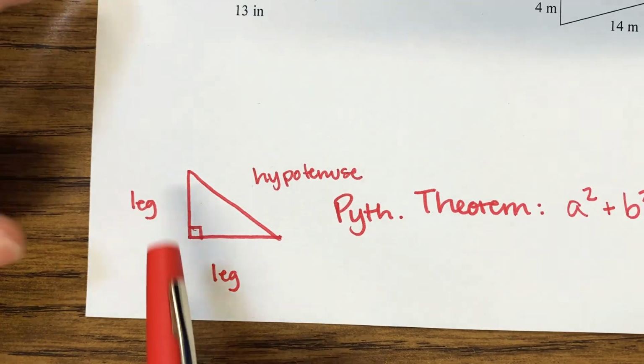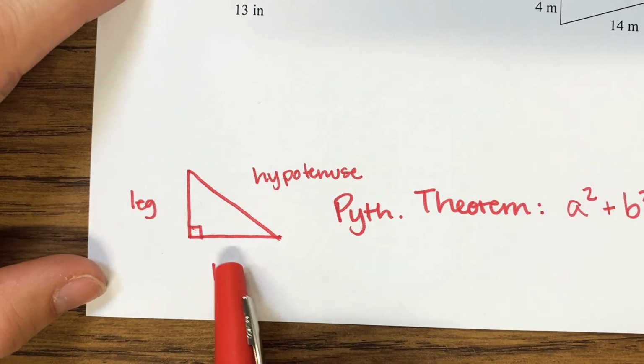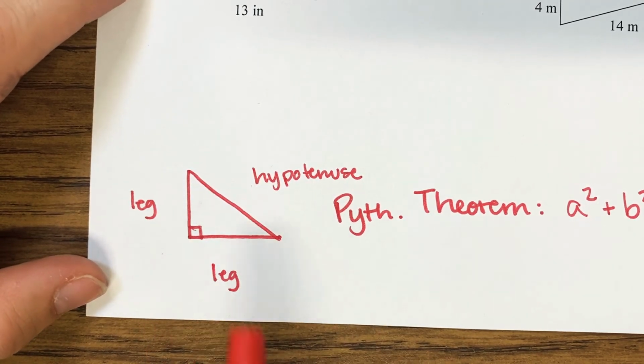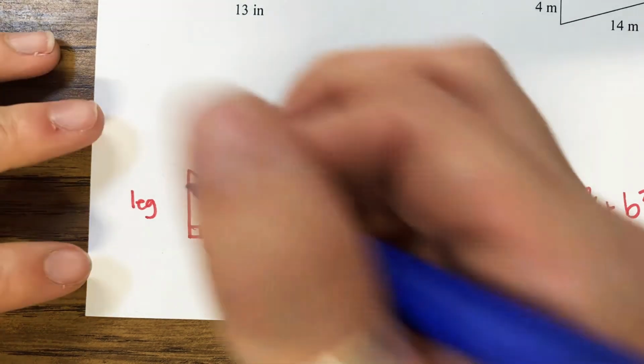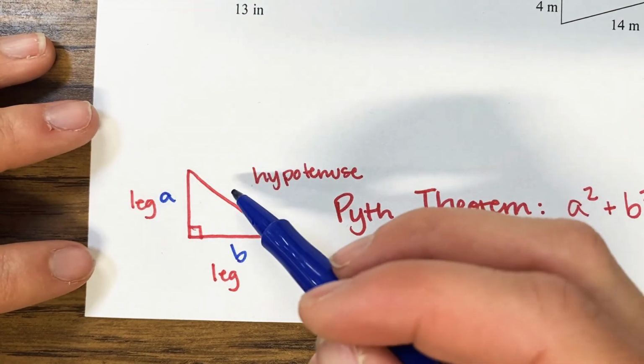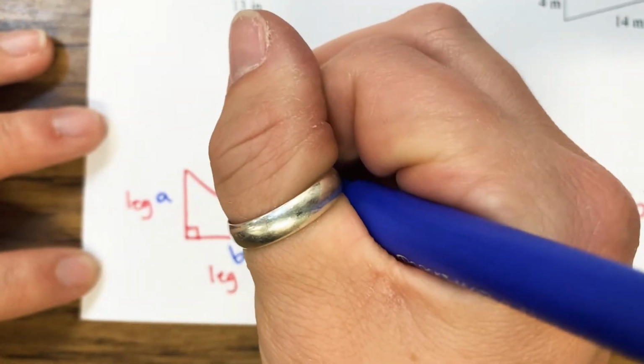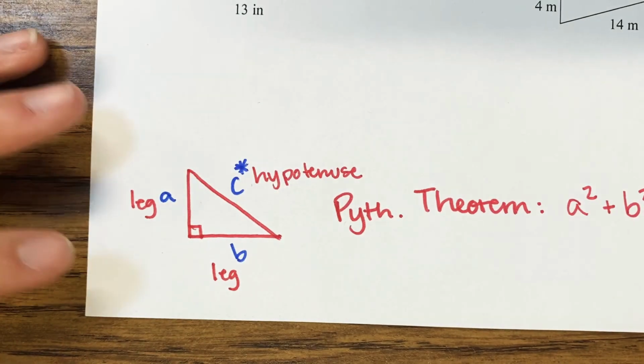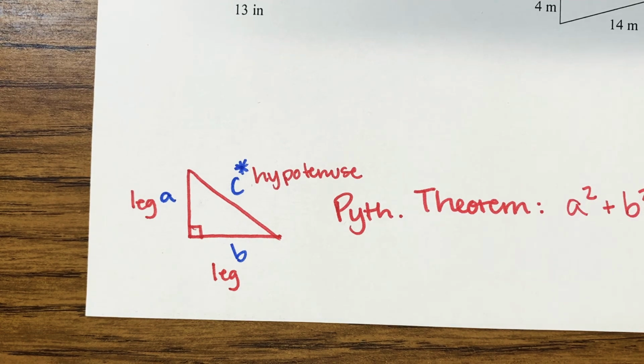In a right triangle, our a and b can be either one of the legs. It doesn't really matter, so we can just label one of the legs as a, and one of the legs as b. The thing that always matters is that your c is always the hypotenuse.